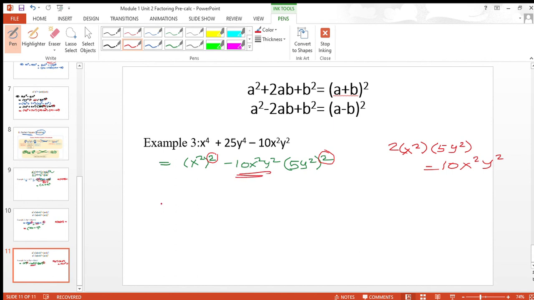So it is indeed a perfect square trinomial. We copy the base, that's x squared, we copy the sign, that's minus, we copy the base, 5y squared, and then everything raised to 2. That will now be our final result.